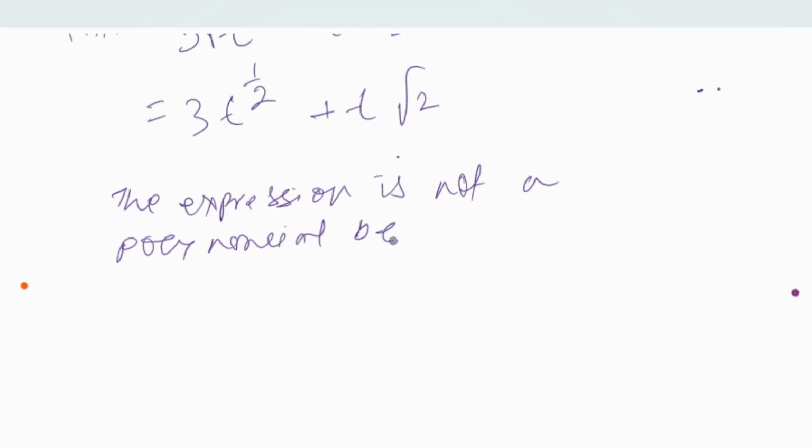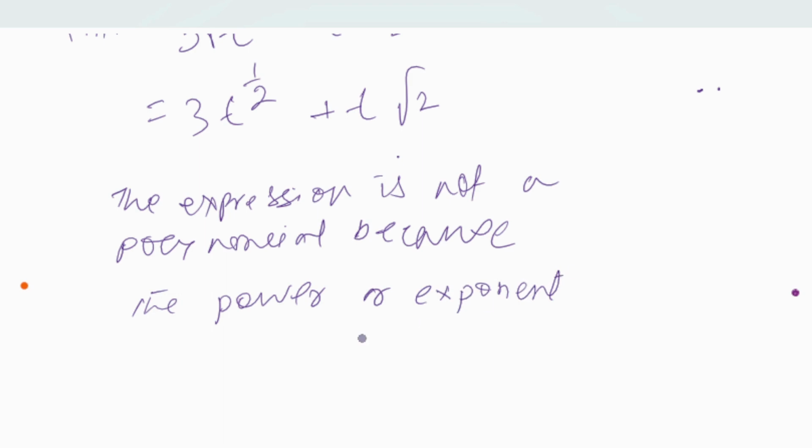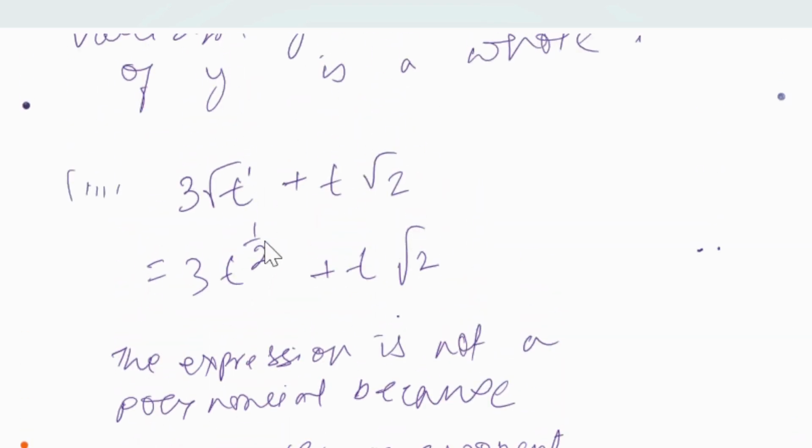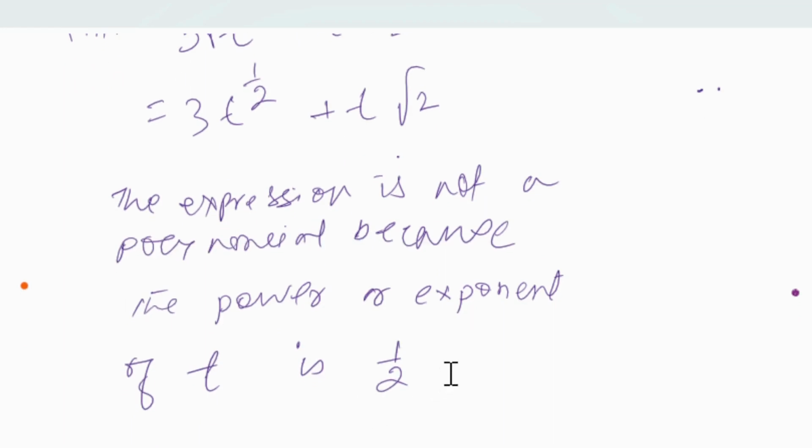Because the power or exponent, it is also called exponent, the exponent of t is 1 by 2. You have seen, power of t is 1 by 2, which is not a whole number.